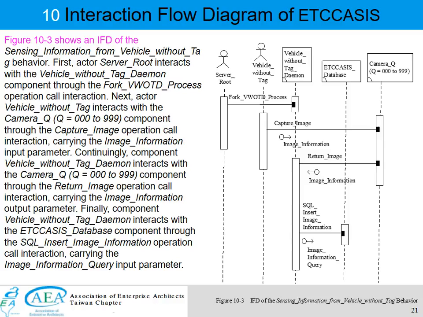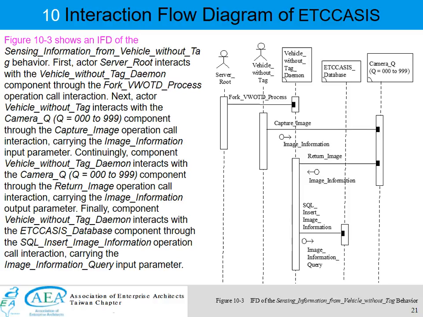They also have 4 interactions. The first one is to fork the VWOTD process operation for the server root actor to interact with the vehicle without tag daemon component.